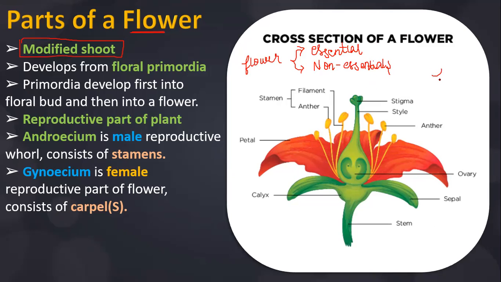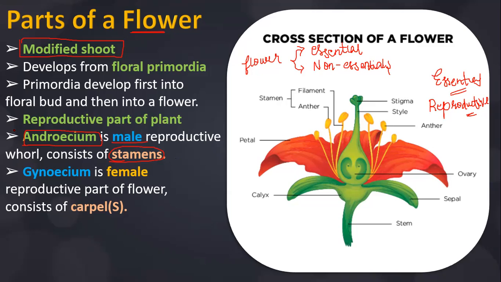The essential whorls are also known as the reproductive part of a flower. For example, you have the Androecium, which is the male reproductive whorl, consisting of individual units known as stamens. It has subparts, which we will discuss in detail.